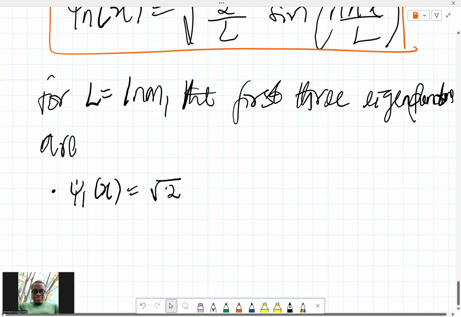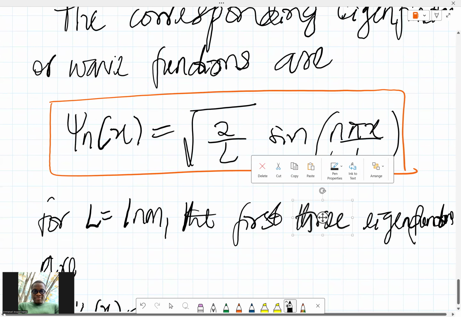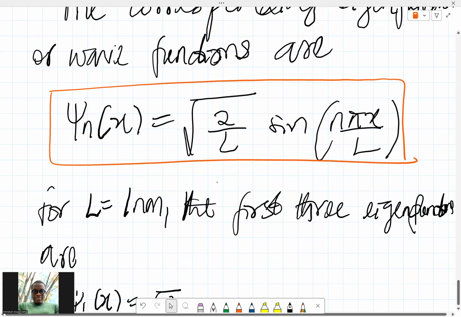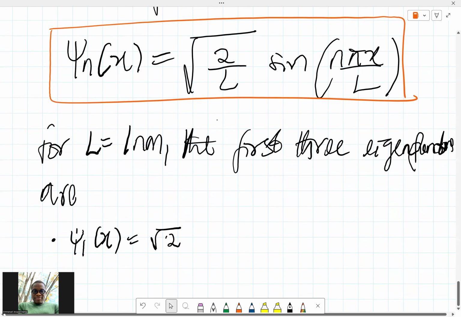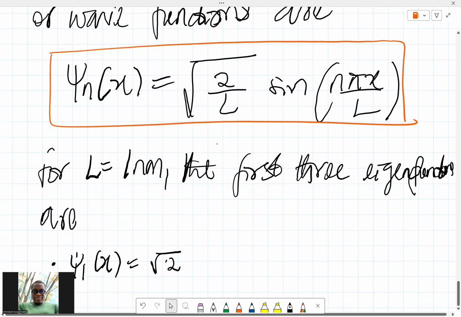This is 1 nanometer down here. So we have root 2 over 1 nanometer.